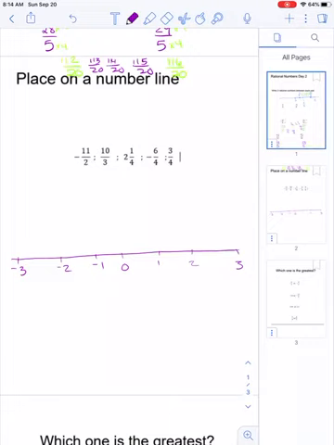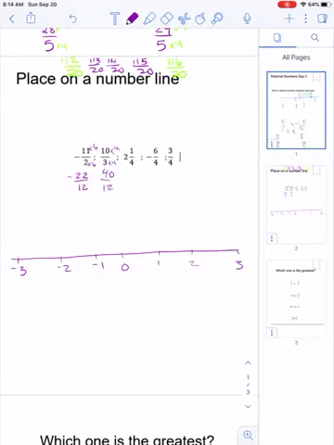So we're going to find a common denominator. In this case, we're going to be using 12. So this needs to be times 6, times 6. Gives me negative 22 over 12. Times 4, times 4, that would give me 40 over 12.